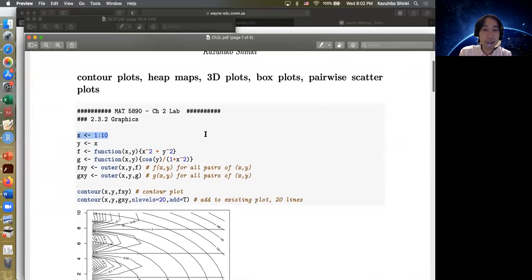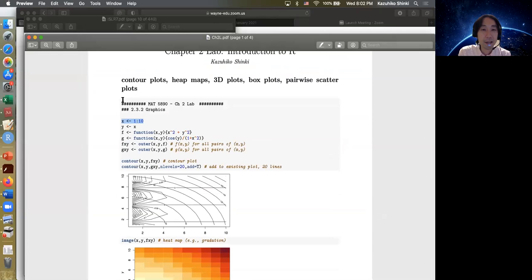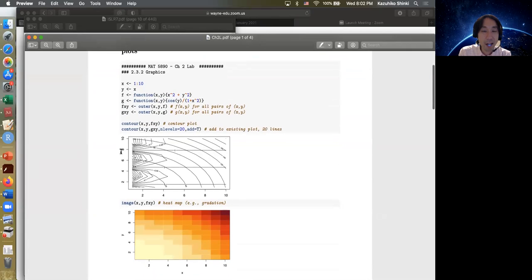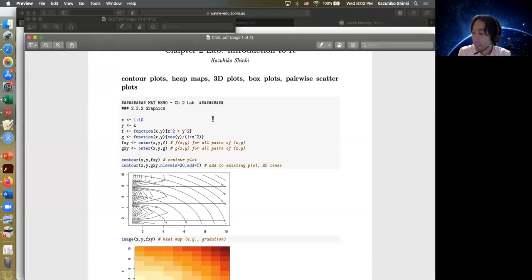R Markdown is convenient in the sense that it automatically puts the input in this gray area, followed by the output. So you don't have to put graphs in manually. As long as you put code and comments, everything is done automatically. That's very useful.